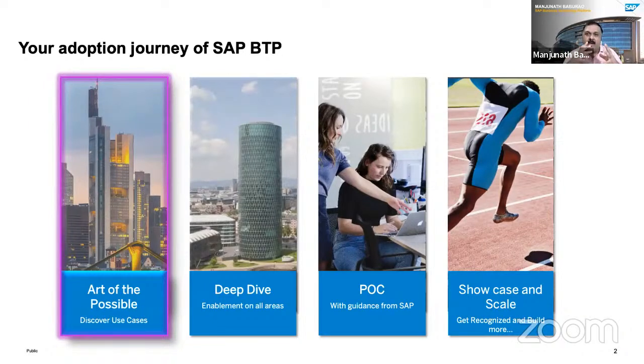We already know what BTP is and the different kinds of value it can bring from the overview session. But let's take a step back, and from a strategic perspective for SAP, for you as SAP customers and partners, let us look at what role we envision BTP playing.